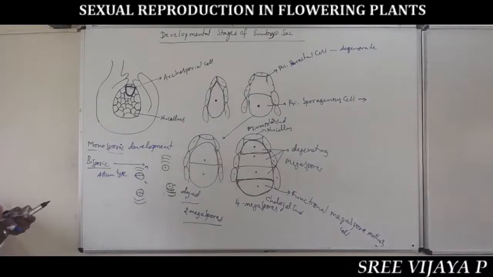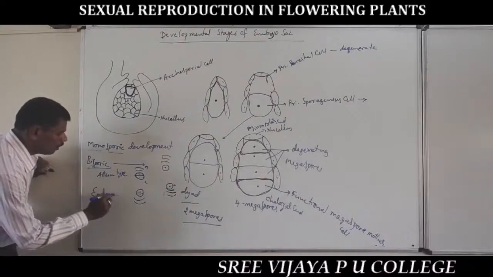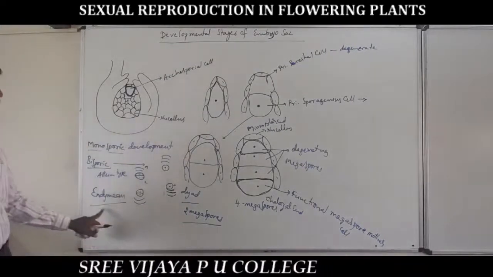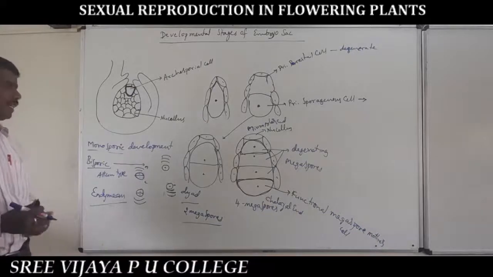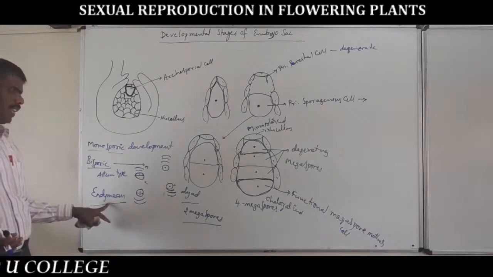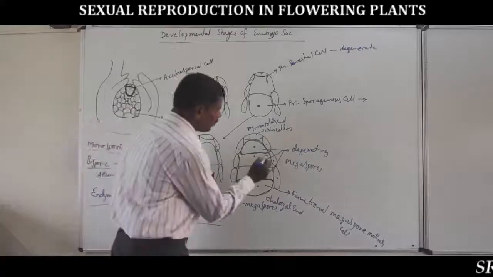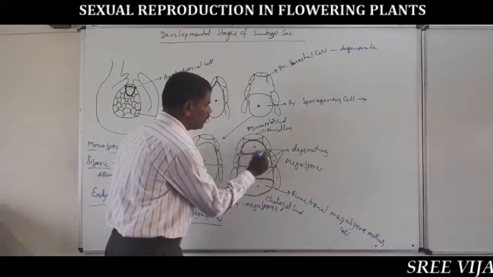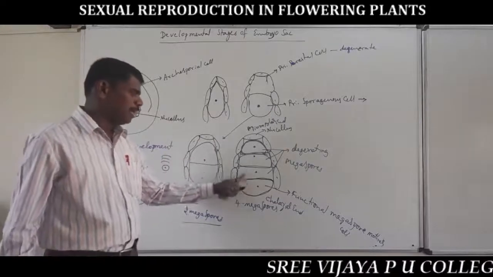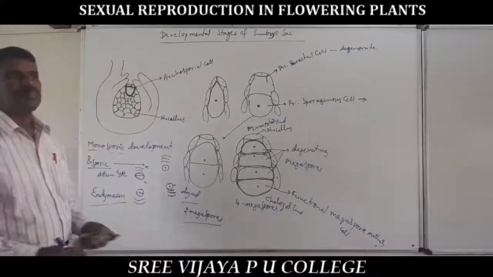Another one is the endymion type. The endymion type of embryo sac development is also a type of bisporic development. In endymion type, the cells present towards the micropylar end remain, and the two megaspores present towards the chalazal end disappear.